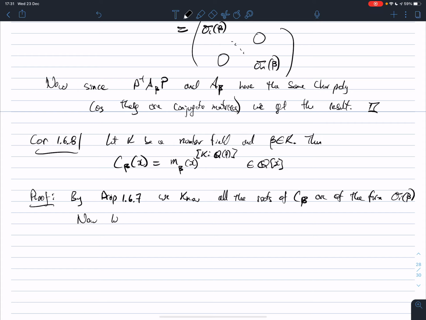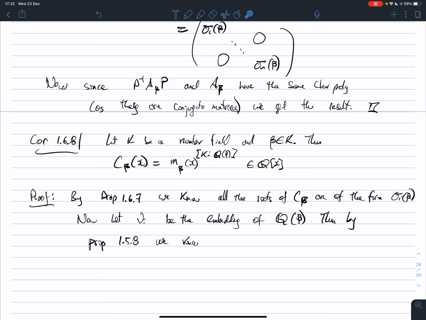Now I'm going to let eta i be the embeddings of this field, the field that you get by adjoining beta. Then by proposition 1.5.8, we know that each of these is going to extend to an embedding of the full field K. In how many ways? Well, the number of ways is going to be this number here, the degree of K over Q beta.